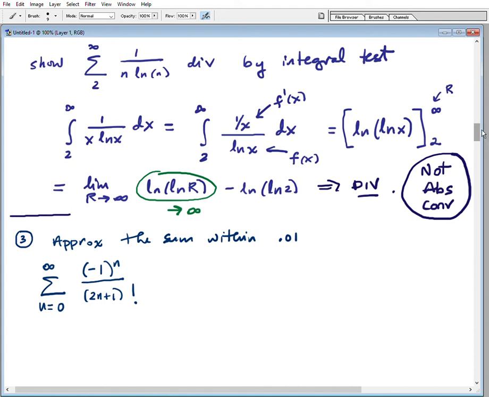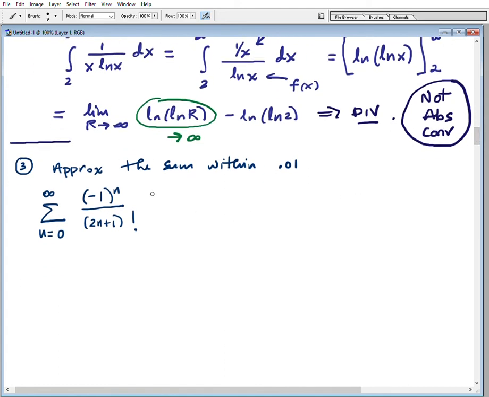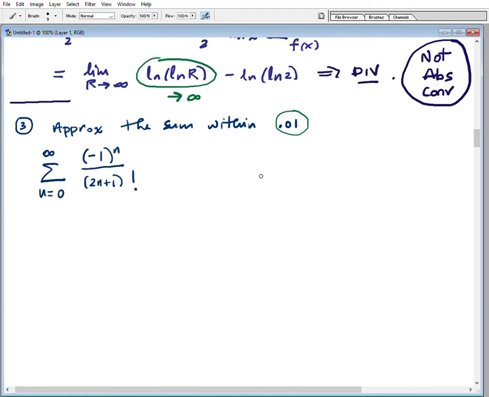Let's go to the last type of problem that we had in this section, where we were approximating the sum within a certain amount. In this case we chose 0.01. We want 0.01 to be the error of our approximation.